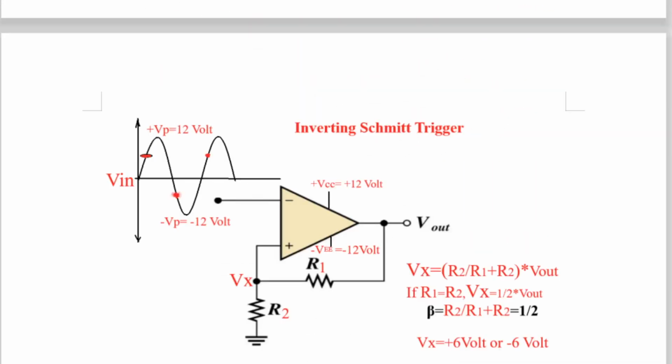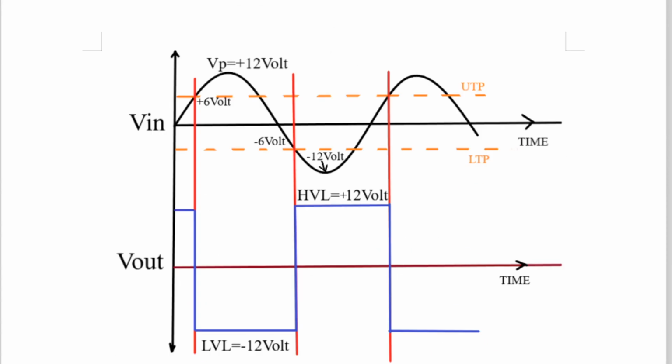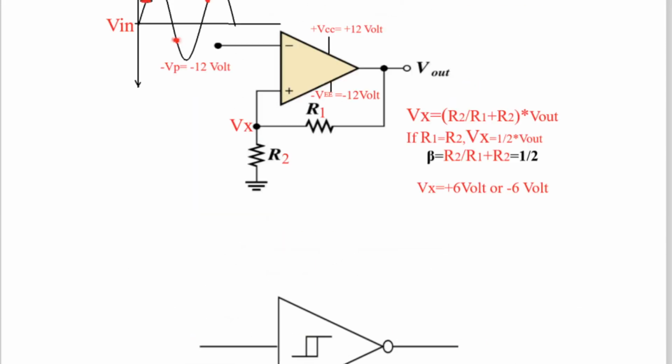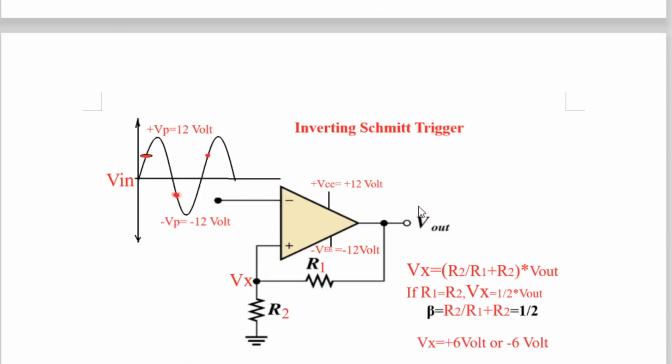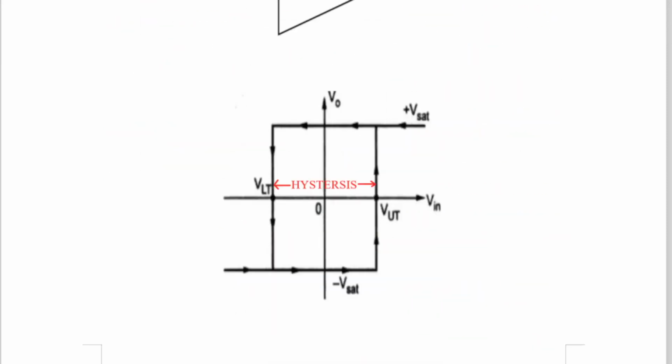So the values of R1 and R2 are very important because they decide Vx, and Vx decides the upper trigger point and lower trigger point. UTP means upper trigger point and LTP means lower trigger point. Trigger means the output of the op-amp changes from plus 12 volt to minus 12 volt, HVL to LVL, or vice versa. I hope you understood this.